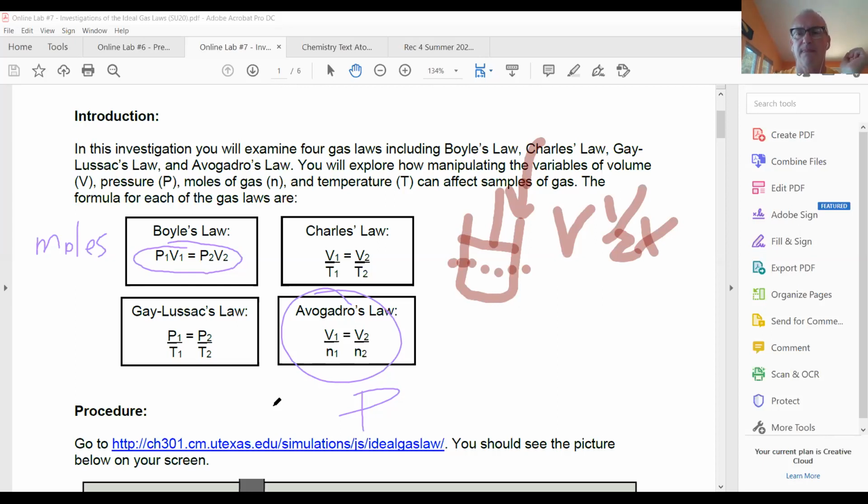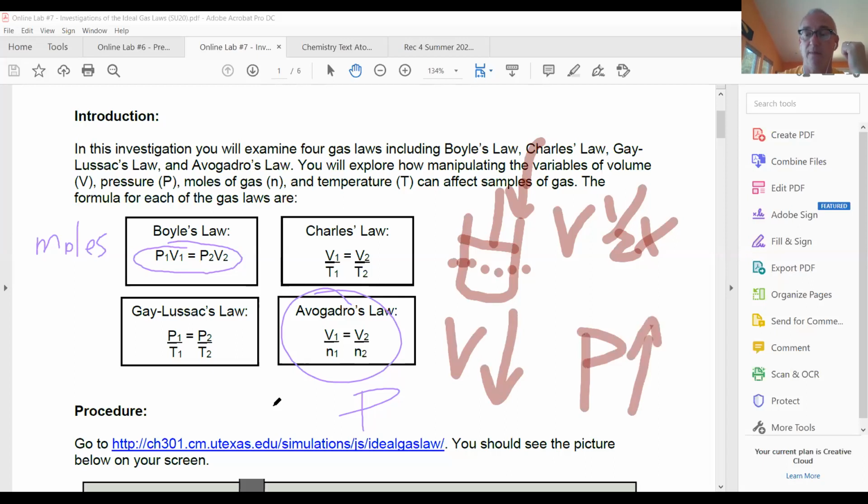Increased it by 1/2. So it would go up by 1/2, or it would decrease by 1/2. Well, just would it go up or down? Basically, is what I'm asking. So if I make the volume smaller, the pressure would go up, right? So as my volume goes down, my pressure goes up.